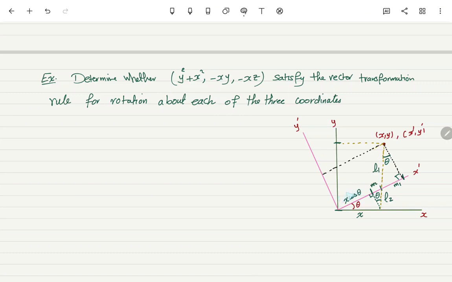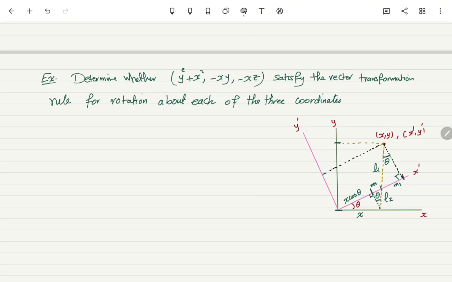Now, if we would like to rotate the coordinates, let's say for instance, around the x-axis, so instead of using x and y in this case, we should use y and z. Now, just let's have this trick.